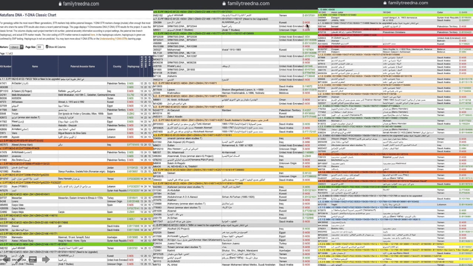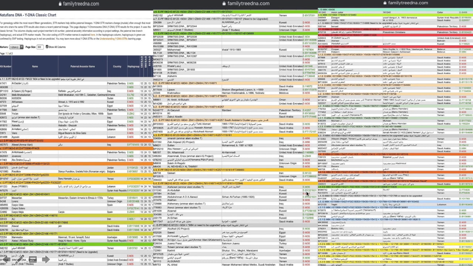And again, you can just type in FamilyTreeDNA Natufian Y-DNA classic chart to see this. You can see a lot of Yemen, Kuwait, United Arab Emirates, and you see a lot of Saudi Arabia, Oman, Iraq, a lot of Iraqi samples with E markers, possibly descendants of Akkadians.